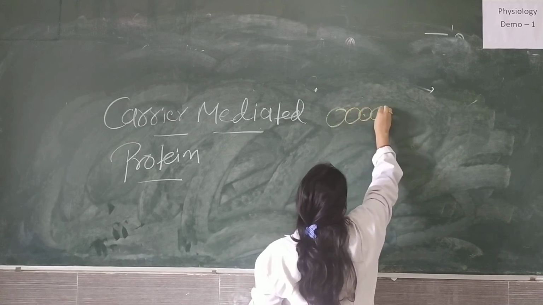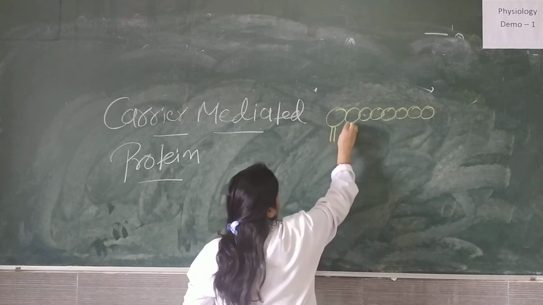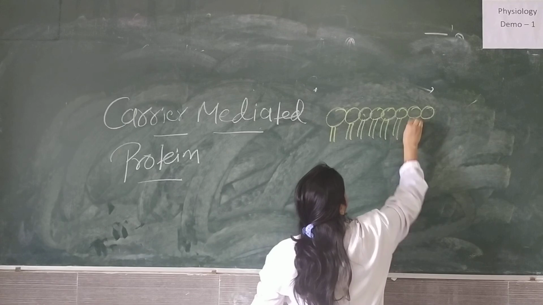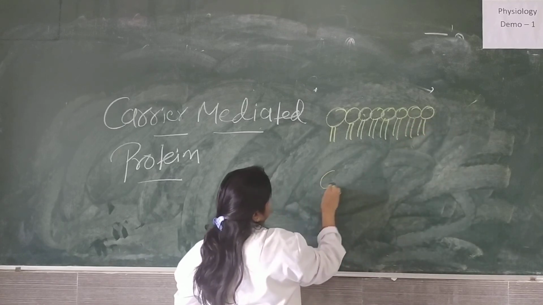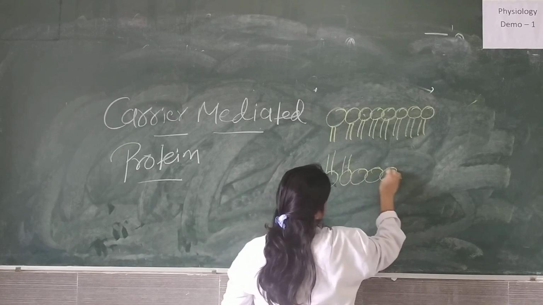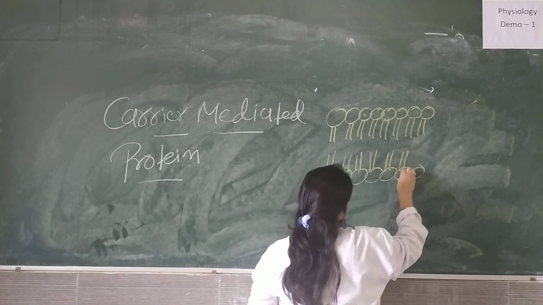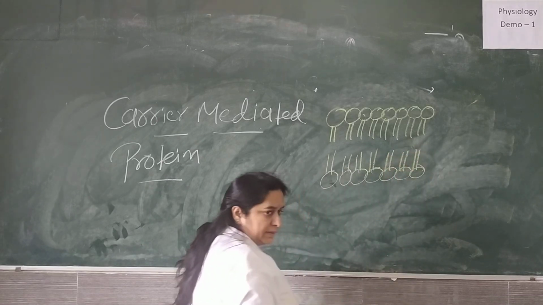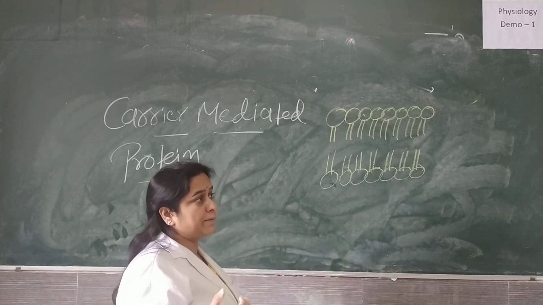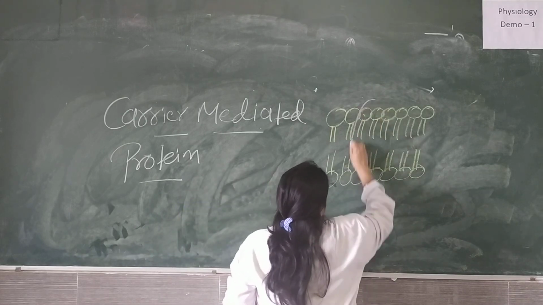Again this is our lipid bilayer structure. For carrier mediated transport, the most important example is our GLUT transport.